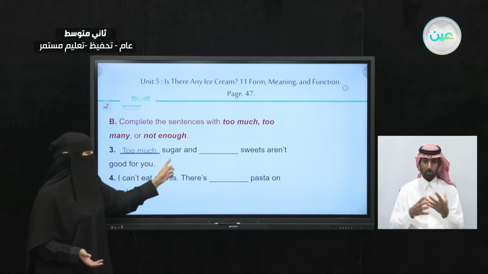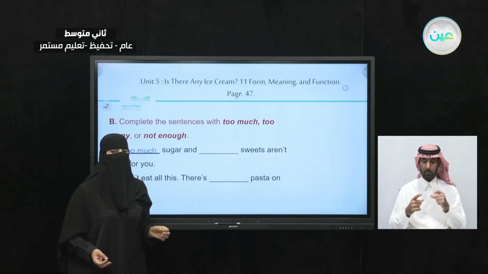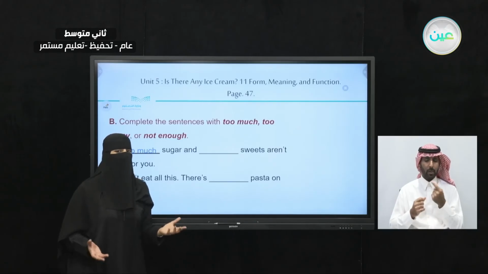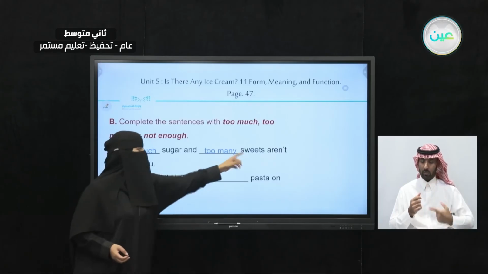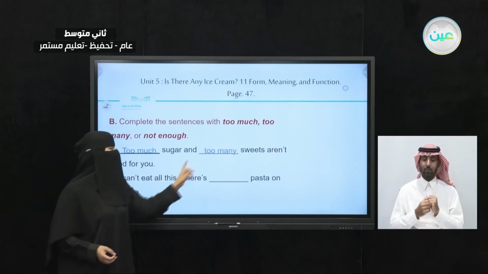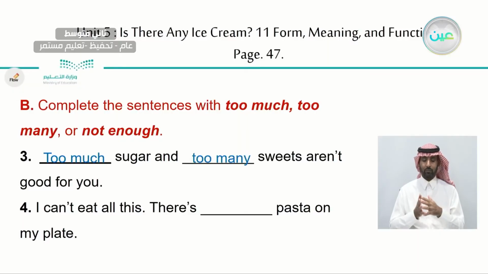Too much sugar. And sweets, what kind of noun is it? It's a count noun. Here we have S. That's why we're choosing too many. Let's read the sentence. Too much sugar and too many sweets aren't good for you.